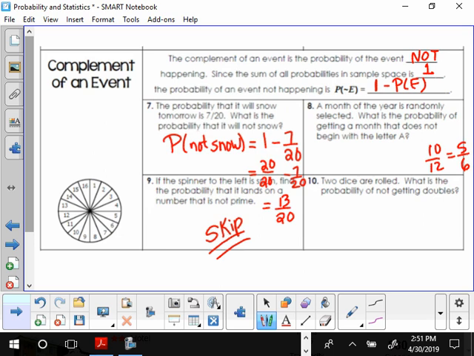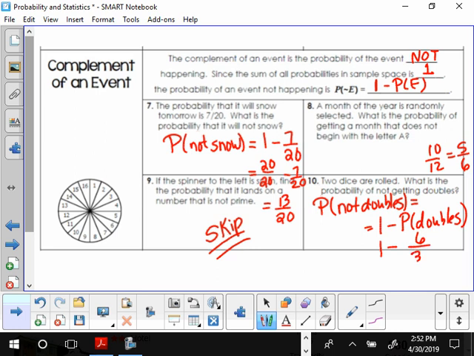2 dice are rolled. What's the probability of not getting doubles? So we want the probability of not doubles, which is equal to 1 minus the probability that we do get doubles. So go over to our little lattice. What's the probability that you get doubles? Six: 1,1, 2,2.